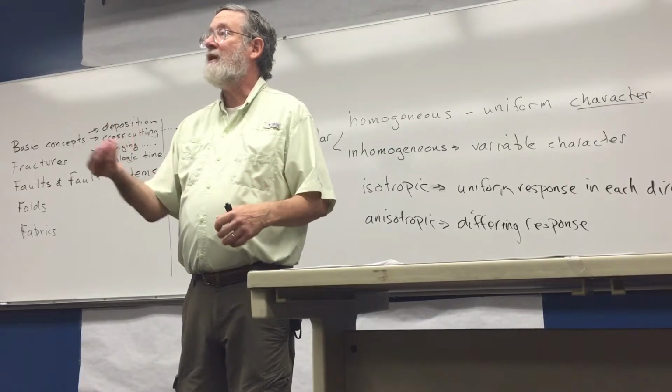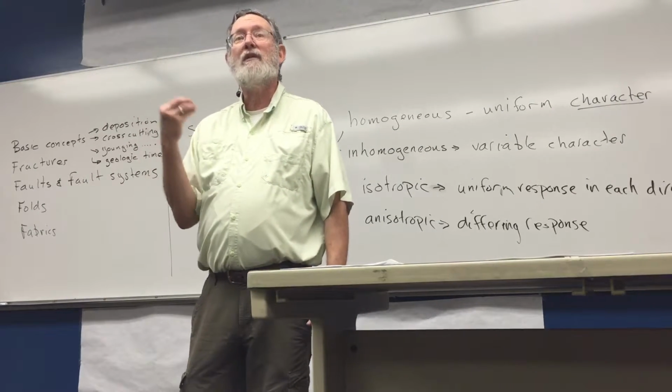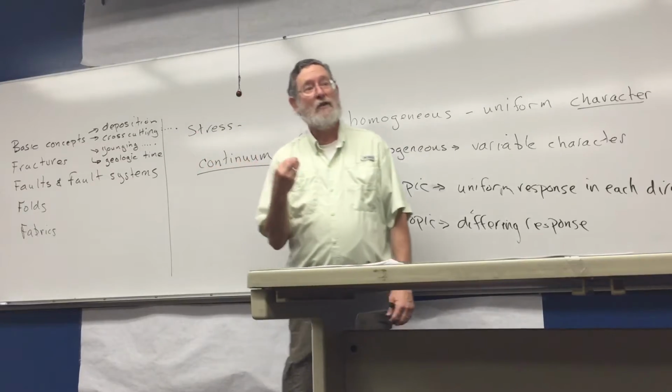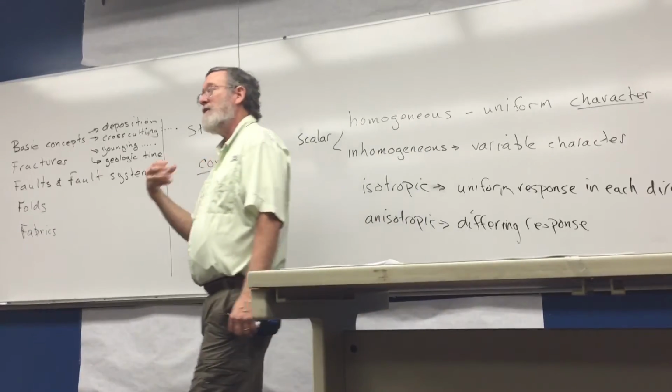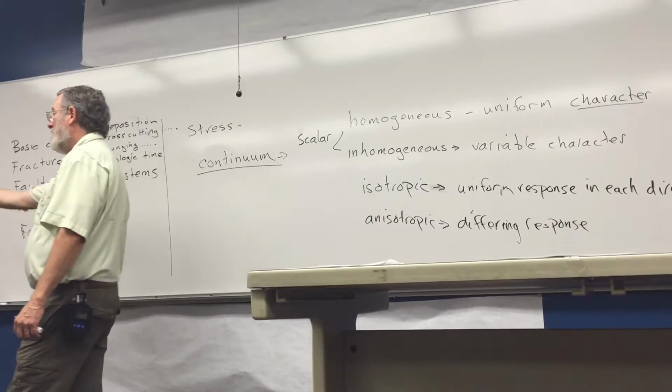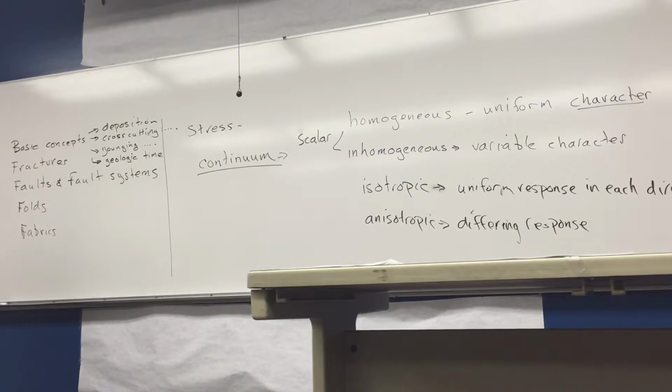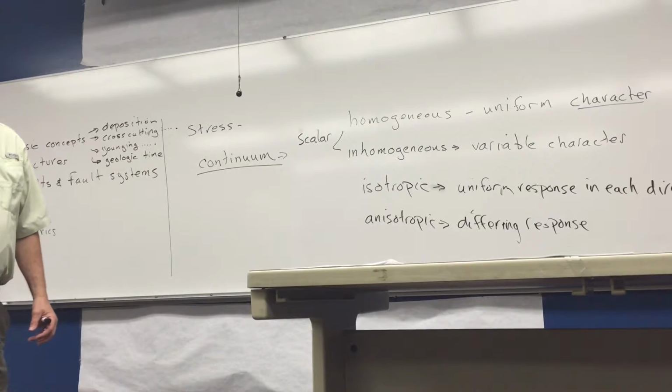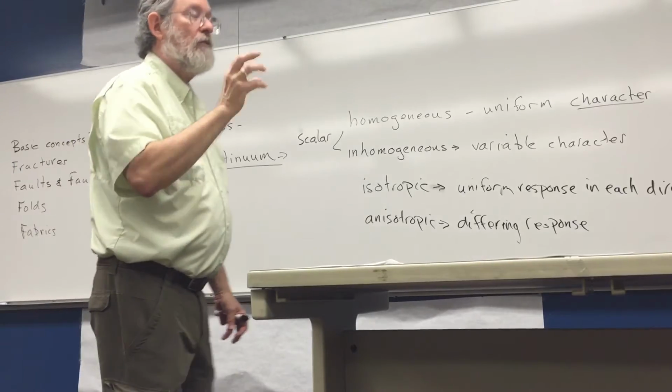It's going to depend on the scale of observation. If you are looking at the outcrop from a distance, and you look around, you're just going to say granite, granite, granite, depending on how much of the material you're looking at.